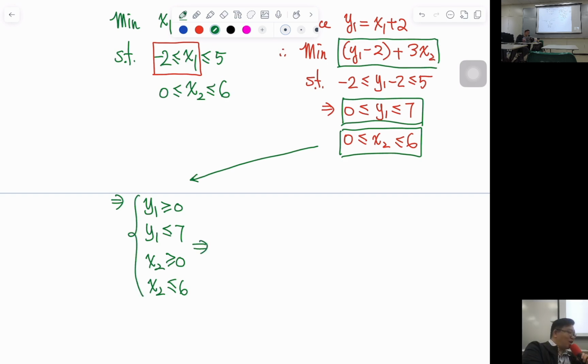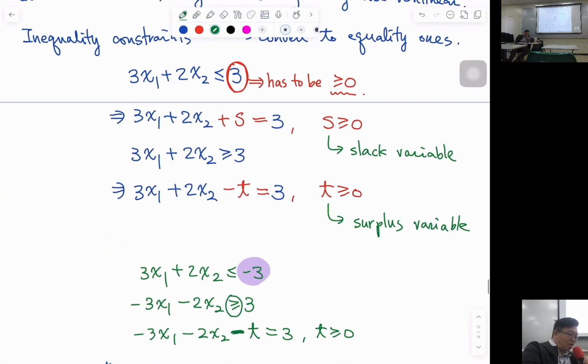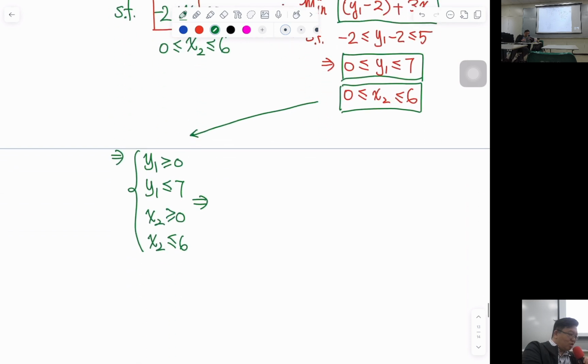Now introduce slack variables. For the smaller one, I introduce a slack variable. So I'm gonna call this S2, equals to 7, and for x2, I'm gonna call this one S4, equals to 6.